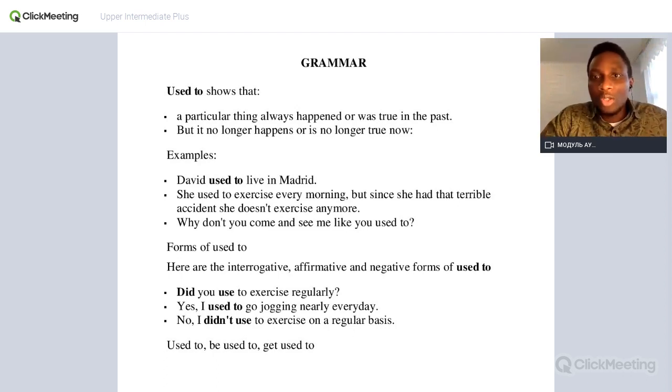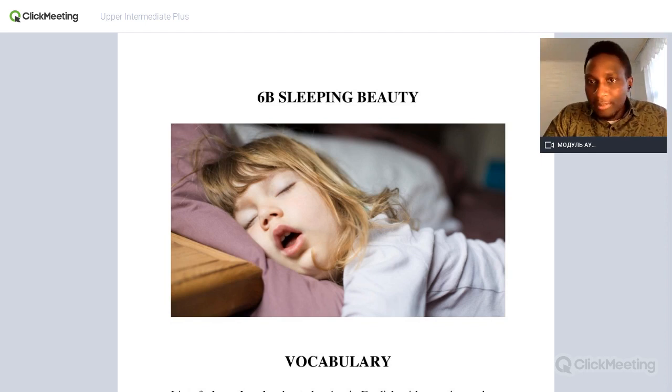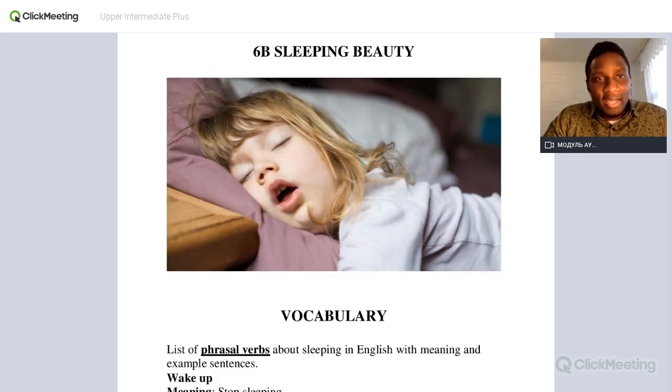So what we're going to do is have some form of discussion. First, we're going to talk about sleeping habits based on the examples that we had here. As you can see with this pretty little girl, which is Sleeping Beauty, there's actually a Disney fairy tale called Sleeping Beauty.